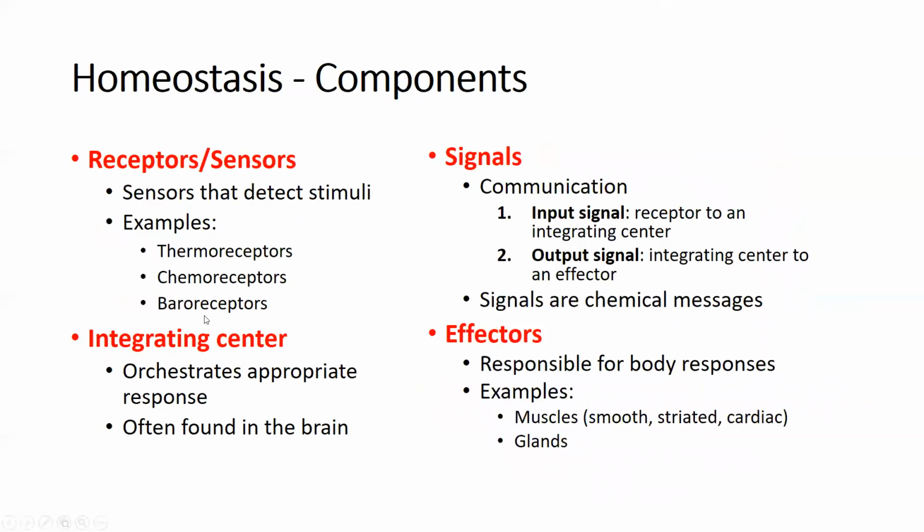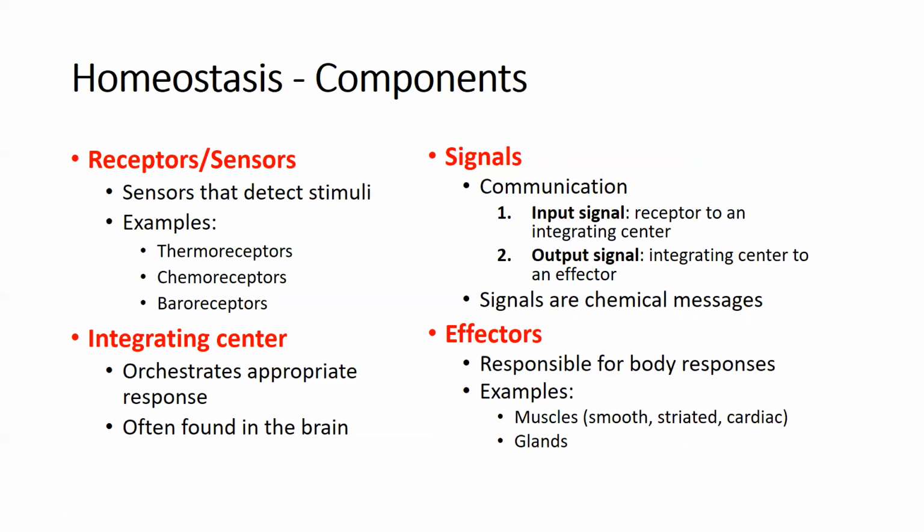All right, so let's look at the details of some of those components. We said receptors or sensors detect the stimuli. That's usually a change in one of the variables that we talked about. They're going to pick up that change, and they're going to detect that something is off in the form of a stimulus.